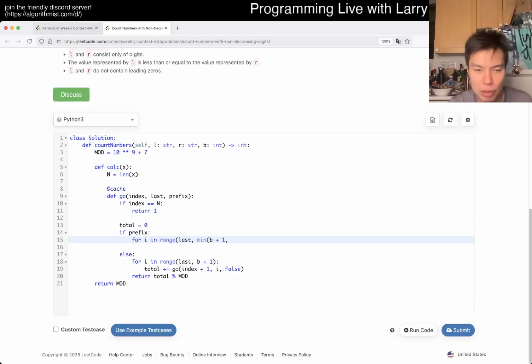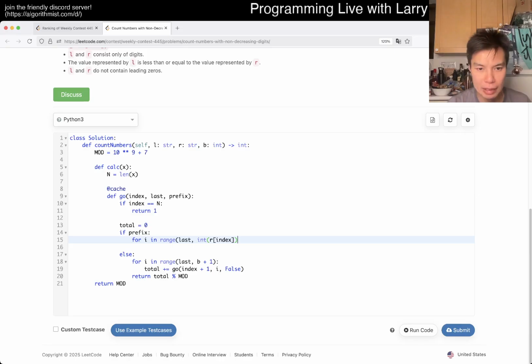So that means that this will always be less than b, so that's fine. So then we have, what should I call it, we have int of r of index, and then we're good, right?